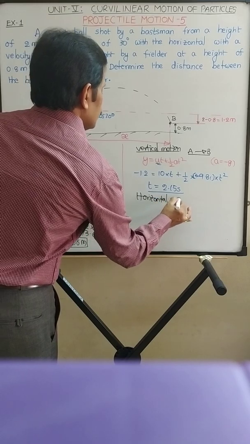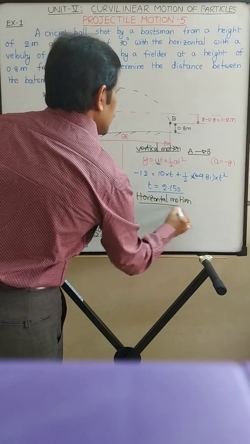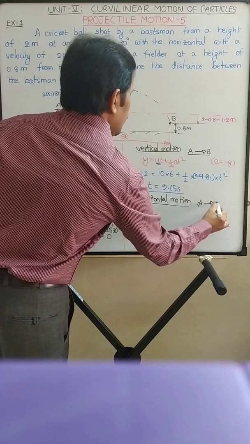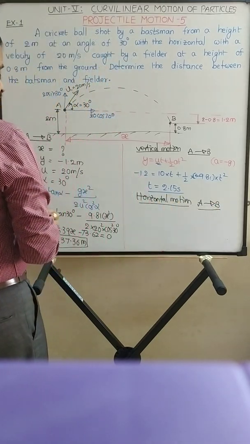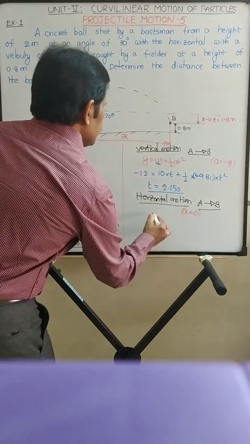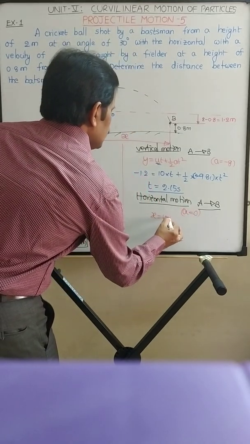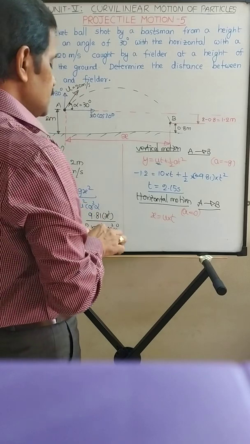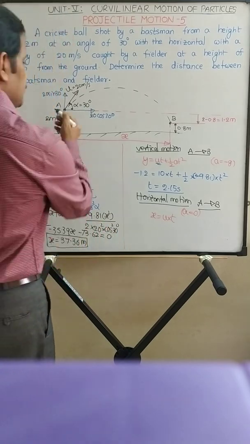Now consider horizontal motion of projectile from point A to B. Horizontal motion is uniform motion. Acceleration is 0. You have displacement is equal to velocity into time. So what is the horizontal displacement from A to B?